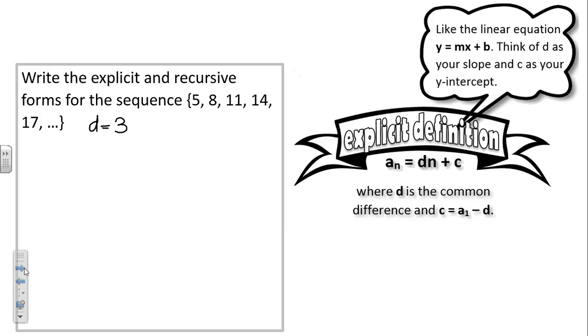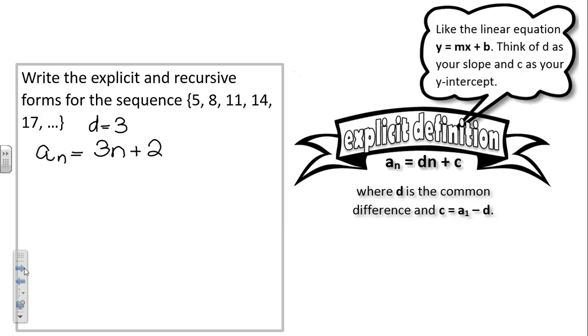Our first term is 5, so our zero term, if we back it off, we'd get 2. Take away one more difference and you've got your zero term. So when you want the explicit form, a sub n, it's going to be the common difference times the term number plus our zero term.